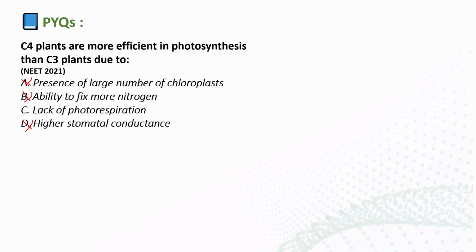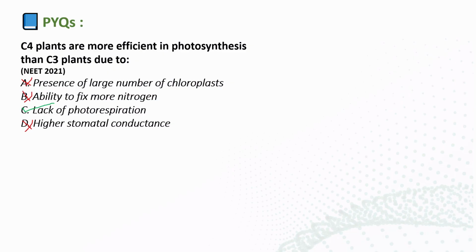So the correct answer here is lack of photorespiration. Why? Because C4 plants do not show photorespiration. That's why they are more efficient in photosynthesis, even though they need more energy.